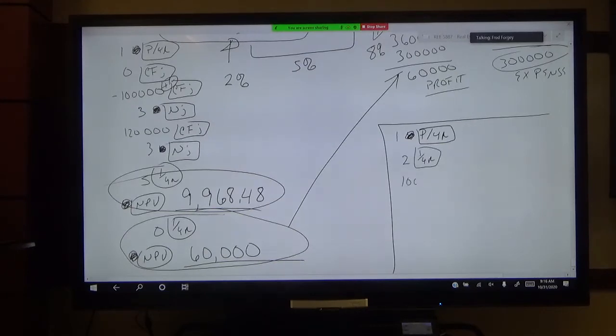We're going to put in the $100,000 as a negative payment occurring for 3 years, and we're going to solve for present value. Okay, so let's start with that.